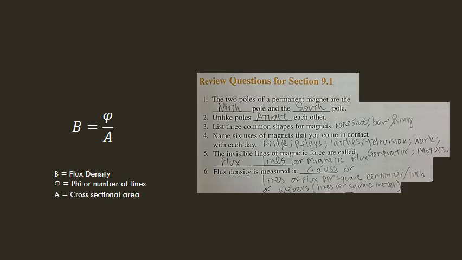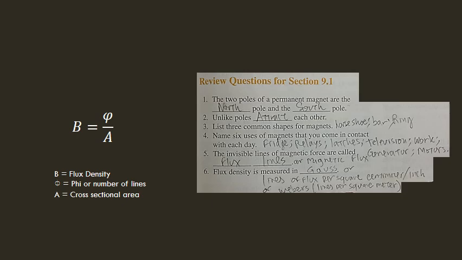Flux density is expressed by the equation B equals φ divided by A, where B equals flux density, the Greek letter phi (φ) equals the number of lines, and A equals the cross-sectional area.